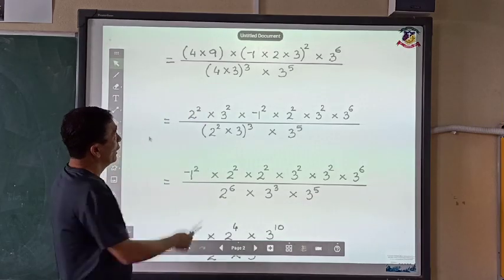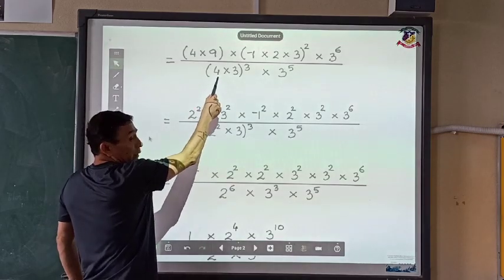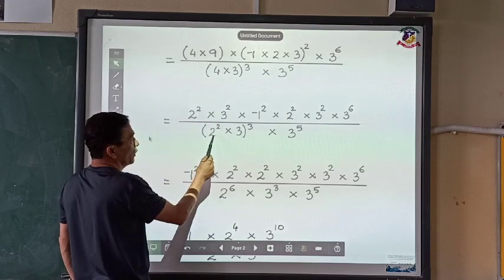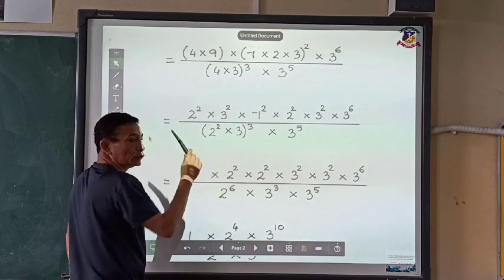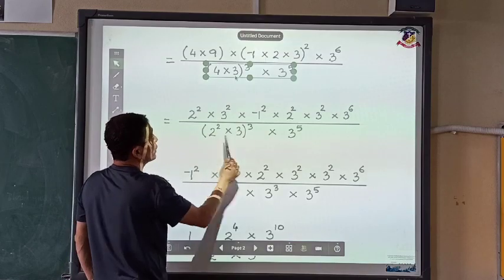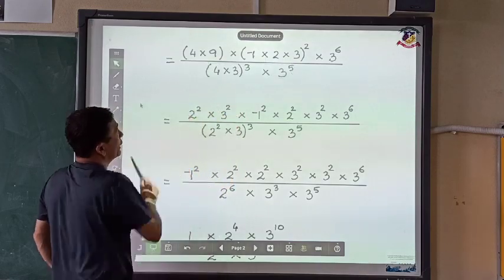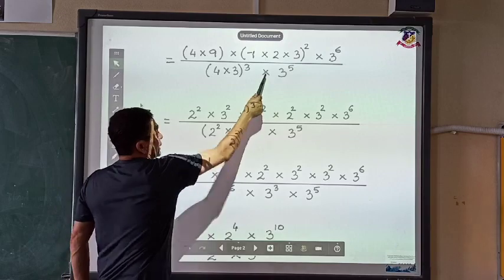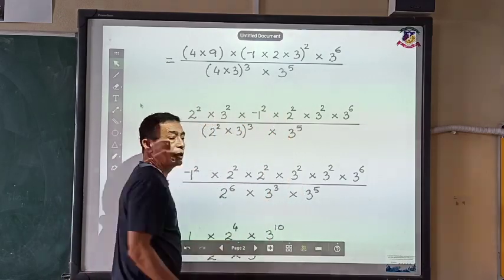Next one. This 4 in the denominator has been converted to 2 to the power of 2. Multiplied by 3 whole to the power of 3, multiplied by 3 to the power of 5.